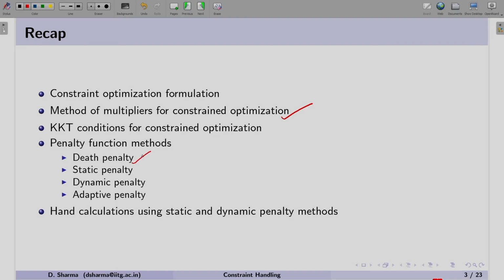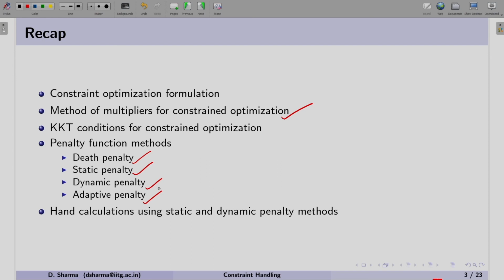Thereafter, we discussed one of the famous methods, called penalty function methods. In these penalty function methods, we have gone through various kinds of methods such as death penalty, static penalty, dynamic penalty and adaptive penalty.